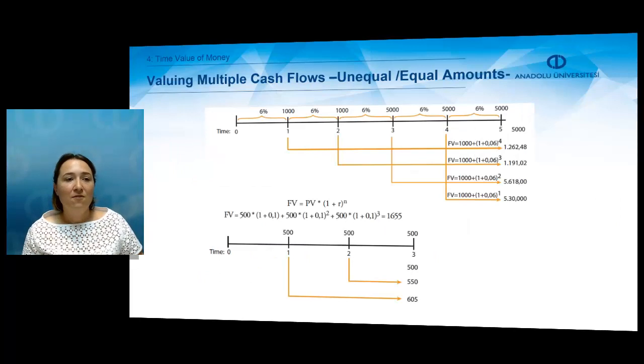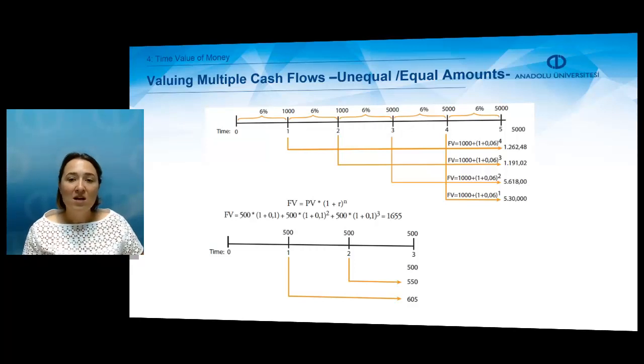If we have multiple cash flows, they can be equal to each other or they can be different. In the first figure, we have 5 different cash flows, which are 1,000, 1,000, 5,000, 5,000, and 5,000.